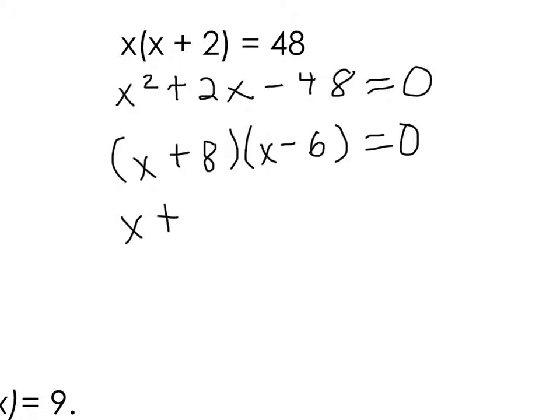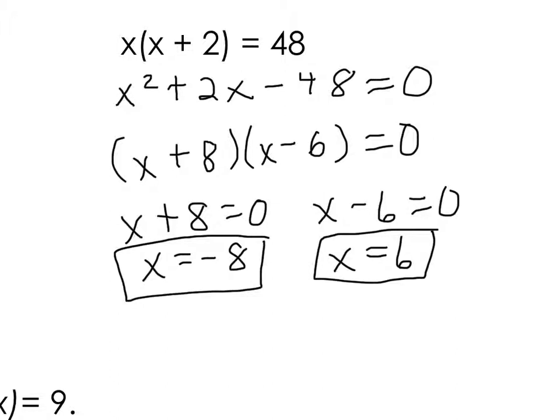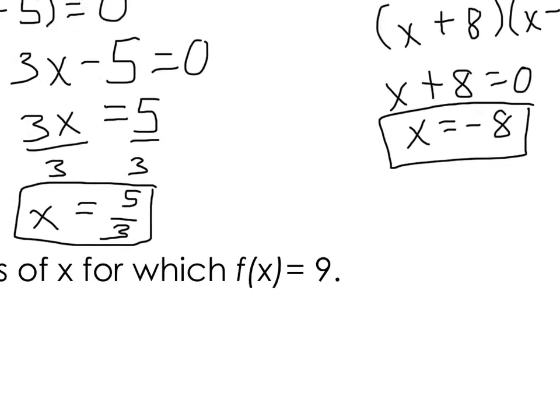So x plus 8 equals 0, x equals negative 8. X minus 6 equals 0, x equals 6. You can verify that those are the correct answers by substituting them into the original equation.